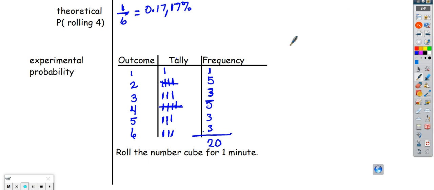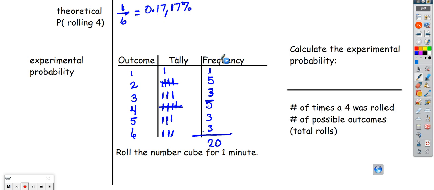Okay, let's calculate our experimental probability and see if it matches or comes close to what we said would happen theoretically. In order to do that, we want to put the number of times a 4 was rolled. That's what we wanted to have happen, the favorable. So there were 5 times that we rolled a 4 out of a total of 20 rolls.